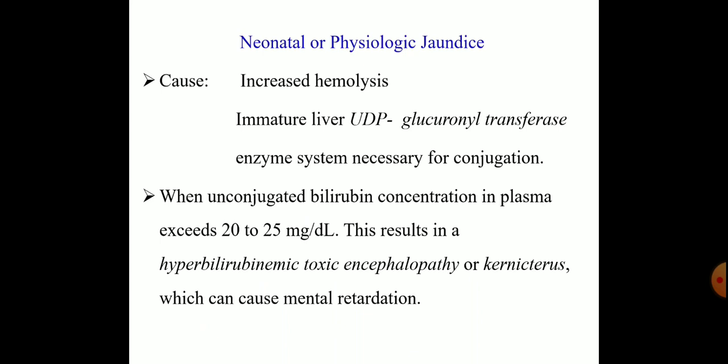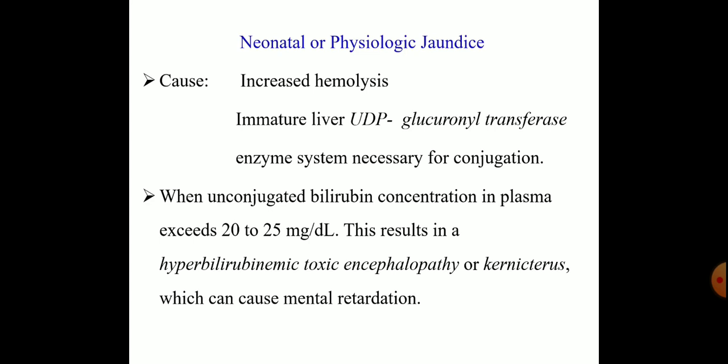And the last one, that is neonatal or physiological jaundice. It may be due to increased hemolysis and an immature liver UDP glucuronide transferase enzyme system, which is necessary for conjugation.